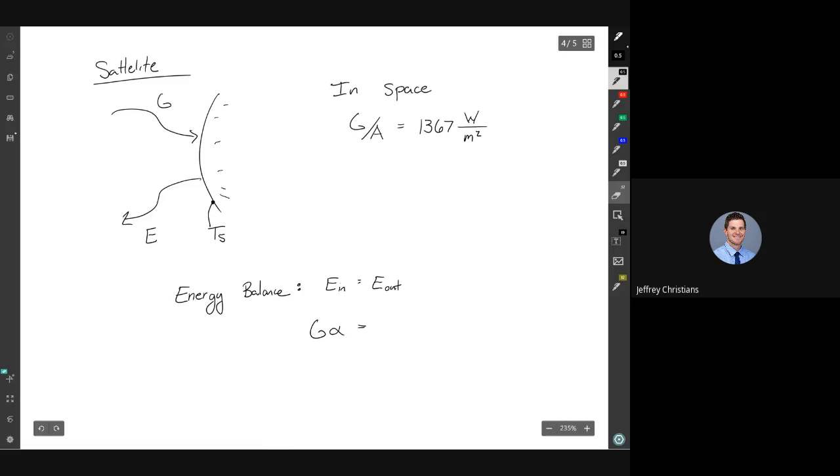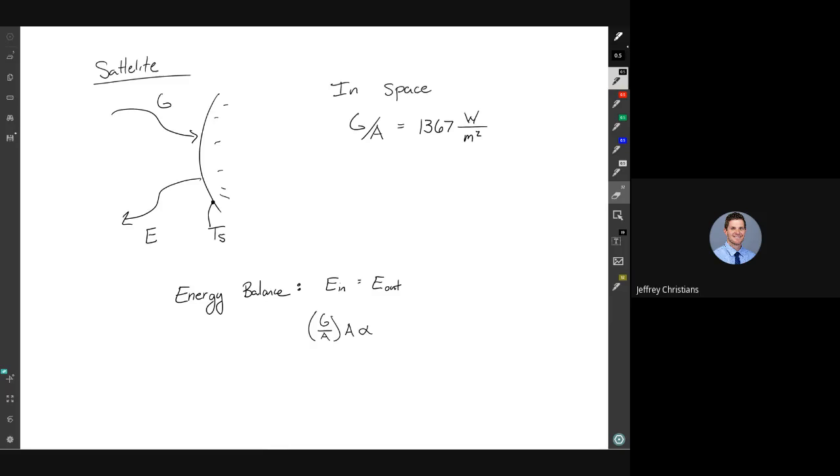And I guess we should also have the area. Let's write it this way to do that explicitly: G times A times alpha, because we know the per area amount.